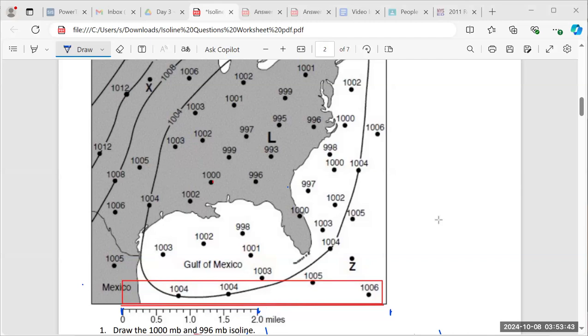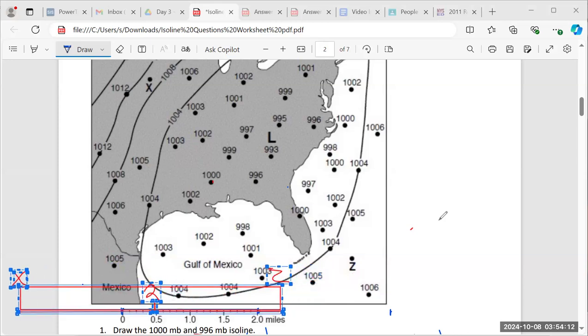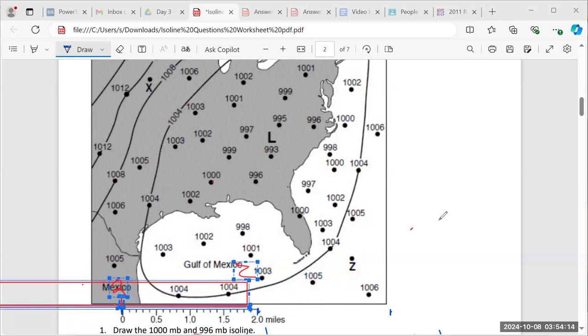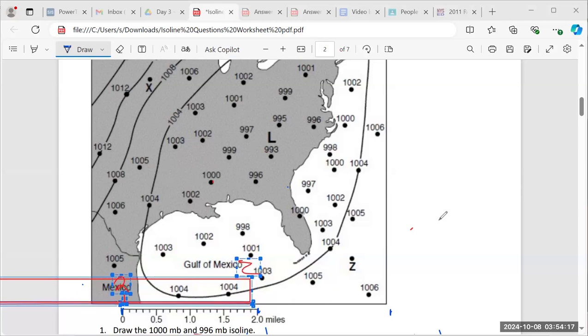Perfect. Once again, it's bigger than the scale, so I'm going to mark my 2 mile mark right here. From X to Z, this is X and this is where Z was, I'm going to shift my scrap paper to move the 2 to the 0 to see how much more.